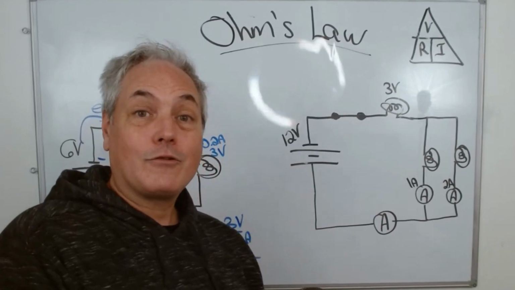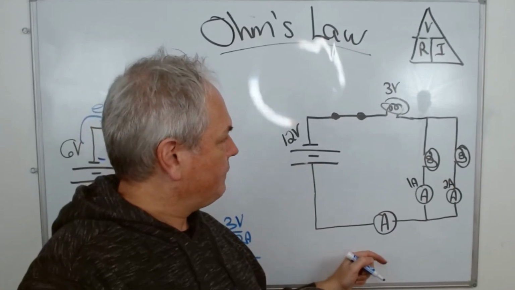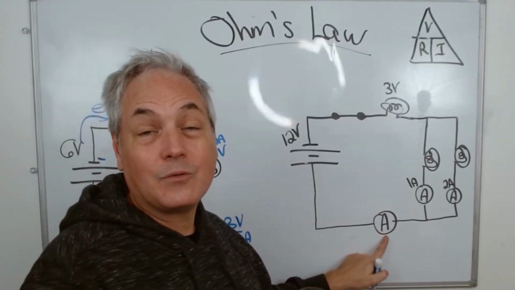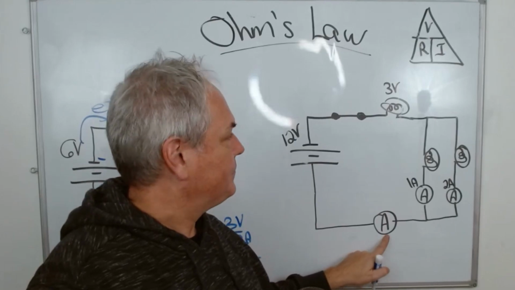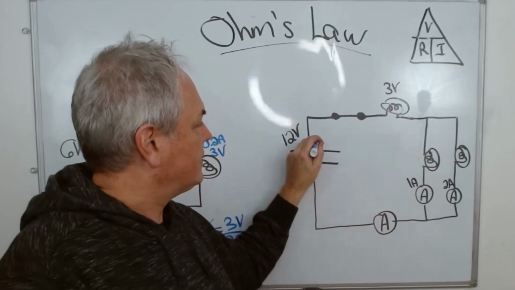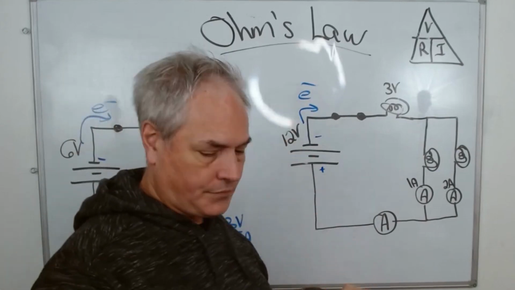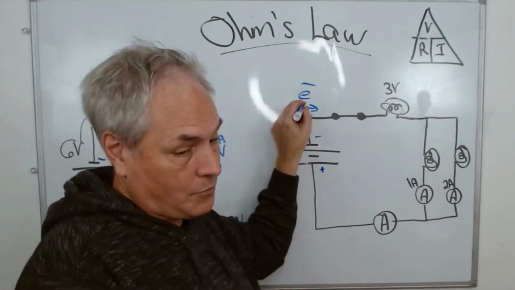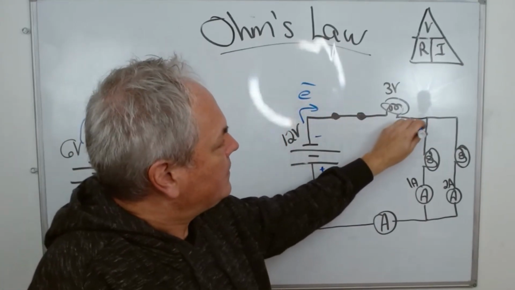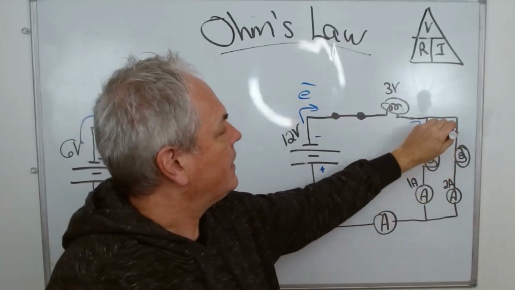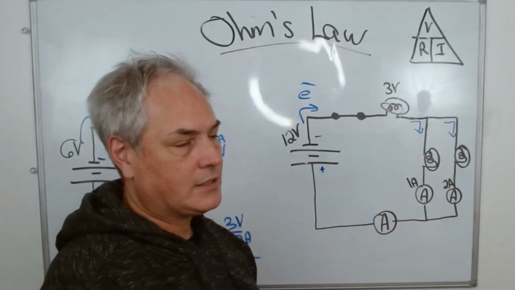So let's see what information we have. First of all, I would like to know the number of amps we have. This is negative, positive, and the electrons are moving like this. That means that 1 goes down and 2 go this way.